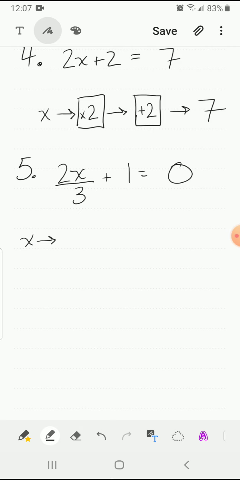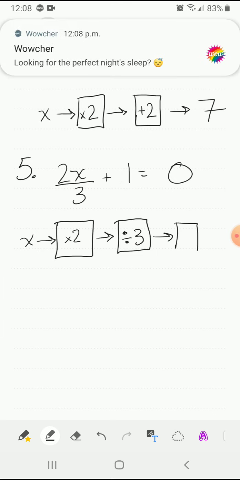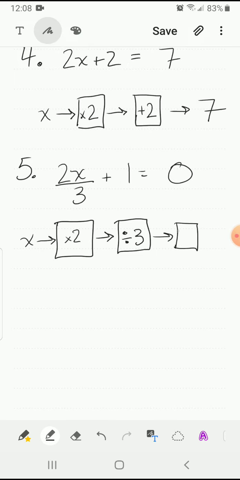Our input's going to be x here again. First thing, it's being multiplied by 2. Okay, so that's the first machine acting on it. Then it's being divided by 3. That's the next machine acting on it. Last machine acting on it is this one, plus 1, and it's given us 0.